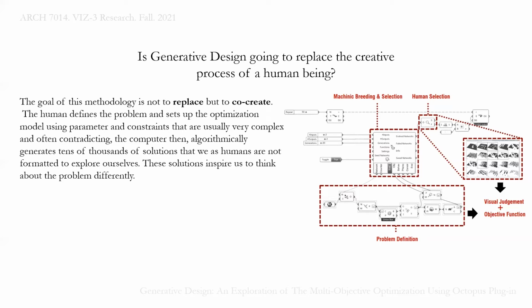And the graph on your right shows you what the human controls versus what the machine breeds and selects. The outcome is really a combination of both the visual judgment of the human, the objective function, and the problem definition. It is a co-design methodology.